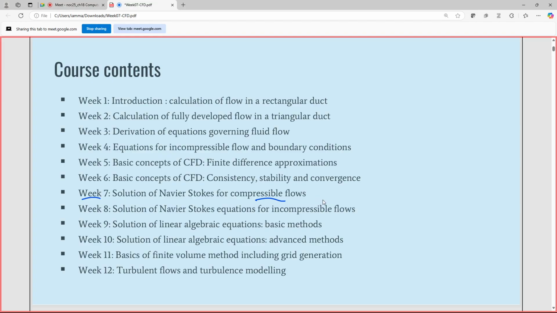What are the special schemes that are available there, which may be less discussed but have a significant role in solving compressible flows? Schemes like the McCormack scheme, Beam-Warming methods, all such methods and their intricacies have been discussed in this week's 7 lectures.